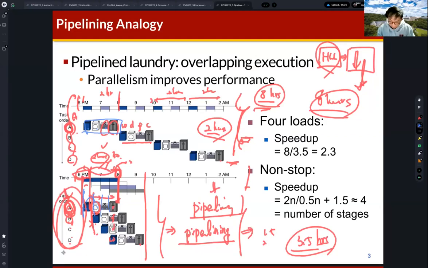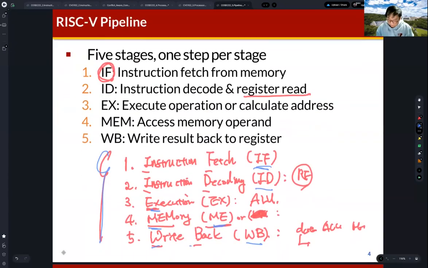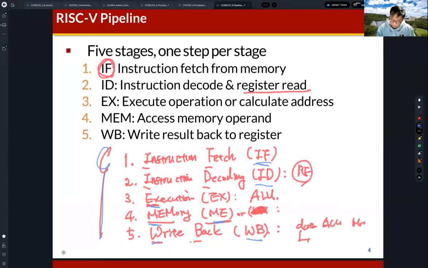So these 4 steps of the laundry process are divided into 4 pipelining stages. In the RISC-V processor, we define 5 steps for executing an instruction.